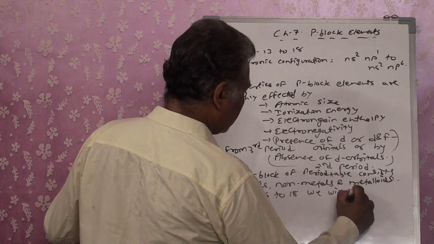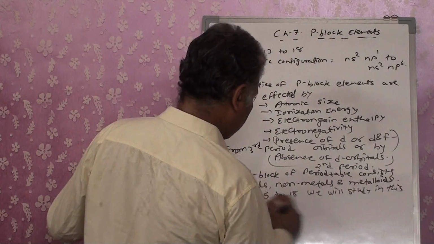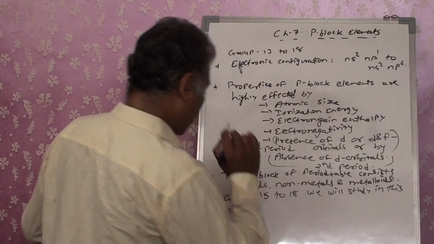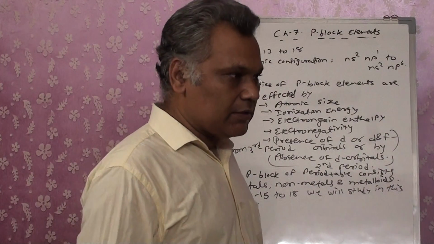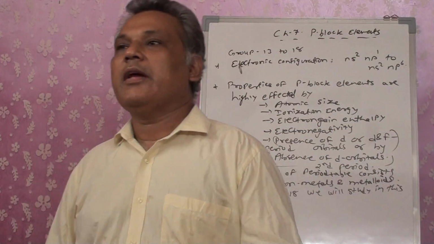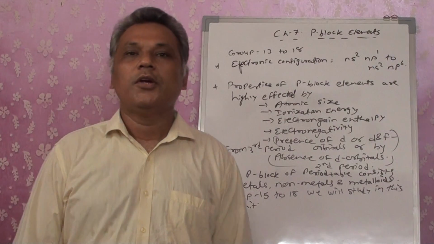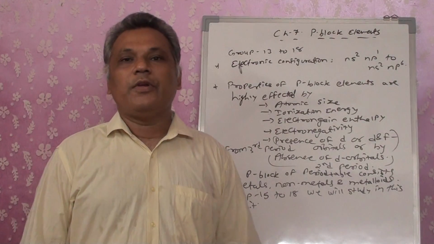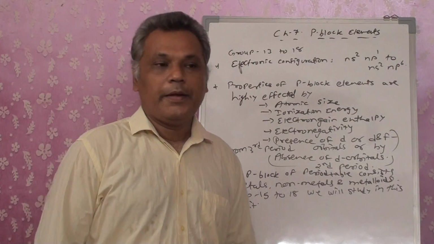We will study in this unit, one by one, all the things, maybe certain compounds, maybe certain elements, maybe anomalous behavior, maybe the general trends of physical and chemical properties of the elements. We are going to study one by one for each and every group.